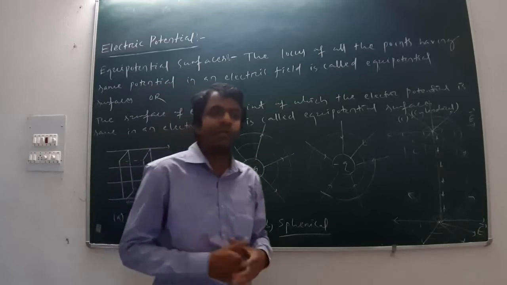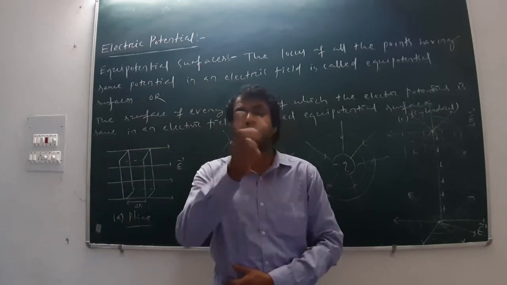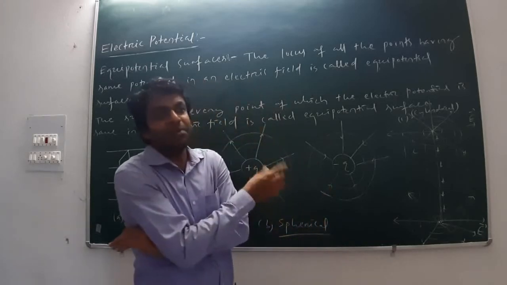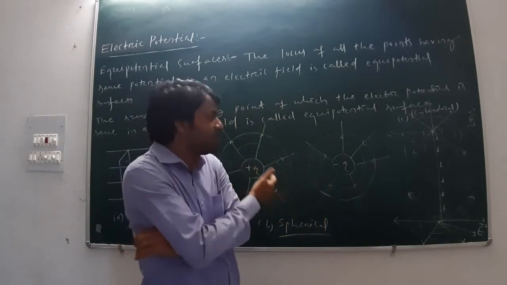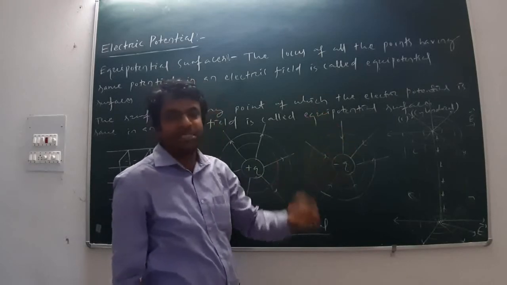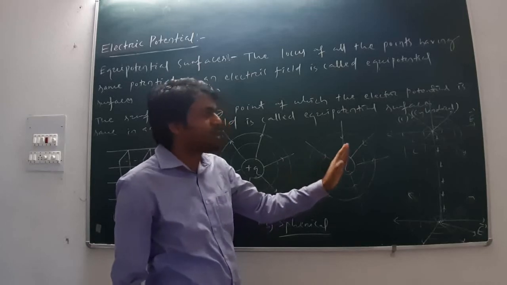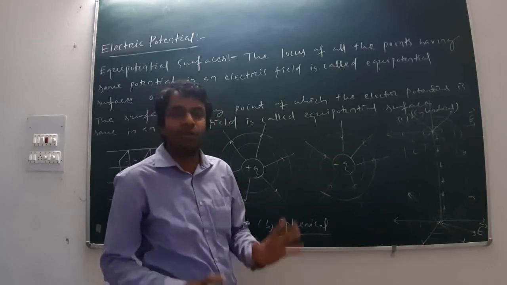As V1 equals V2, according to the definition of potential difference, V1 minus V2 is equal to 0. Therefore, the potential difference between points on the equipotential surface is always 0.